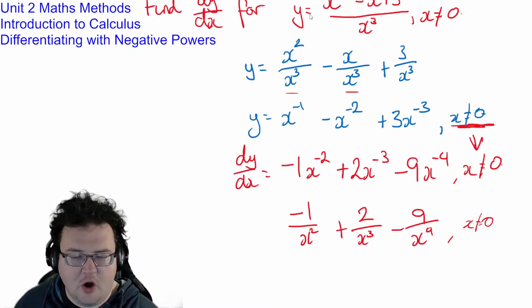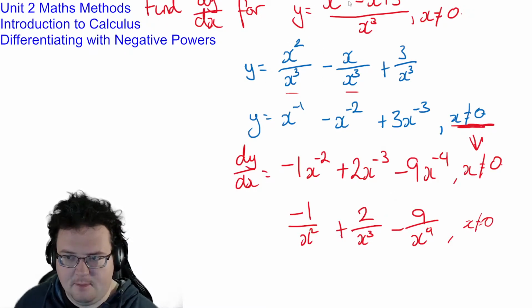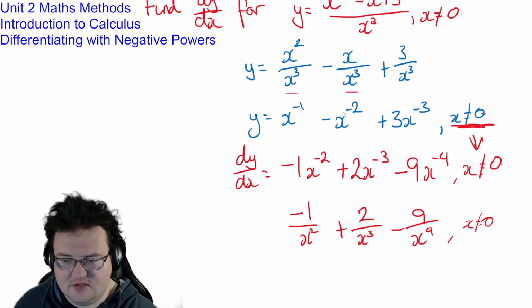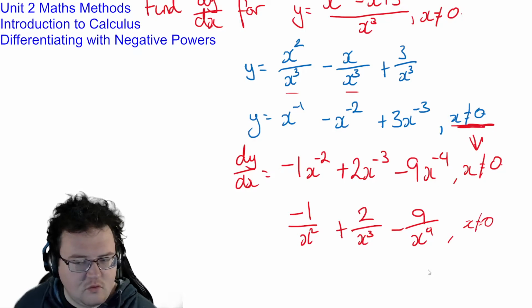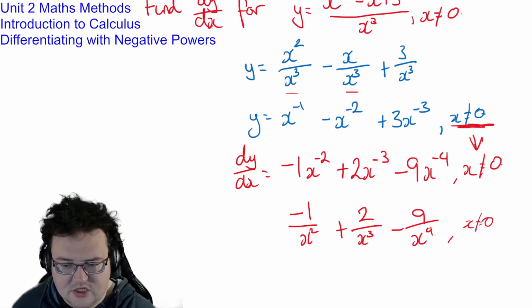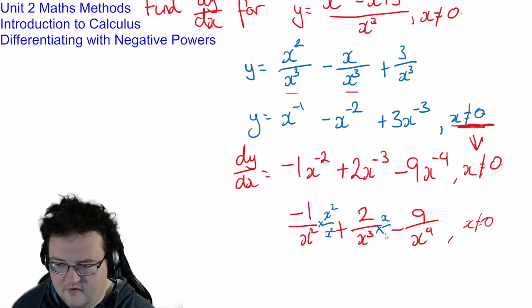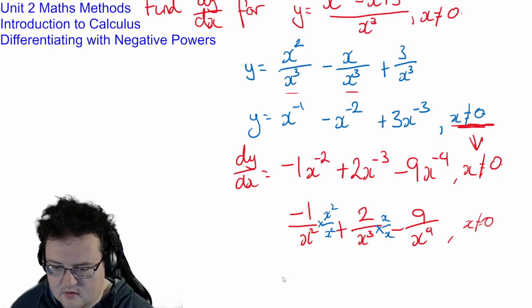I need to do the opposite of what I did up here. So I took that and I split it apart into thirds, then cancelled down. I now need to make this and this have an x to the 4 on the bottom. And I can do that by multiplying this one by x squared over x squared, and then this one by x over x.